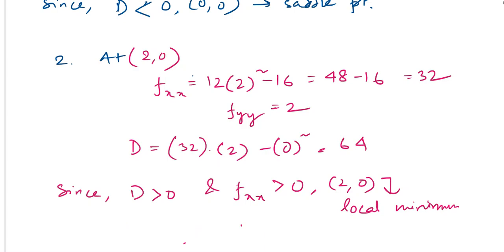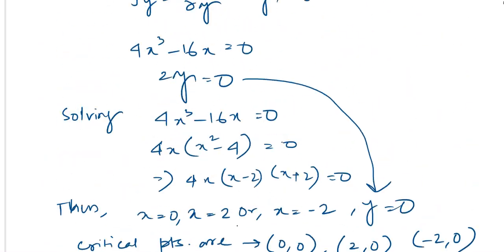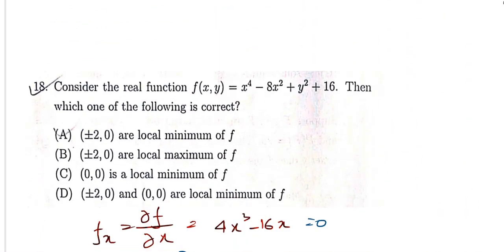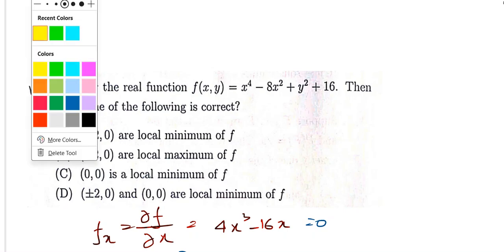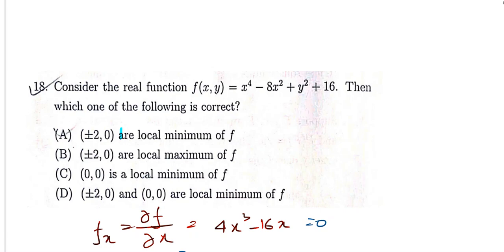So the correct answer is option A: plus minus 2 comma 0 are the local minimum of f. That is option A is the correct answer here.